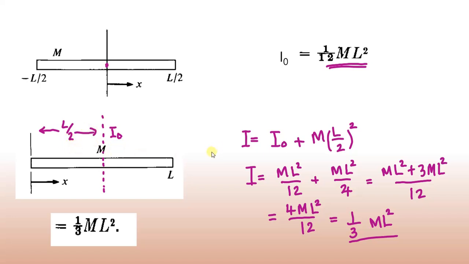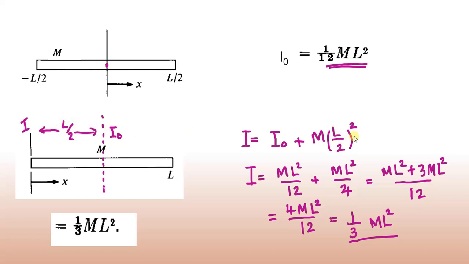So, let us apply the parallel axis theorem. The moment of inertia about this axis is I, which is equal to I0, the moment of inertia about the parallel axis through the center of mass, plus m, the total mass of the rod, into d squared. In place of d squared, we get L by 2 all squared.